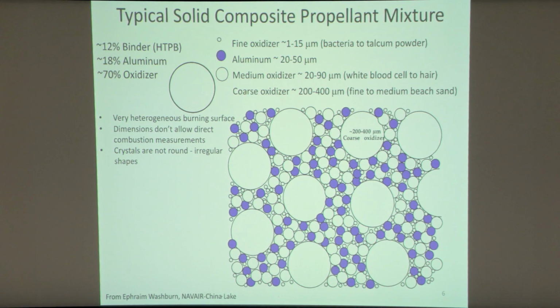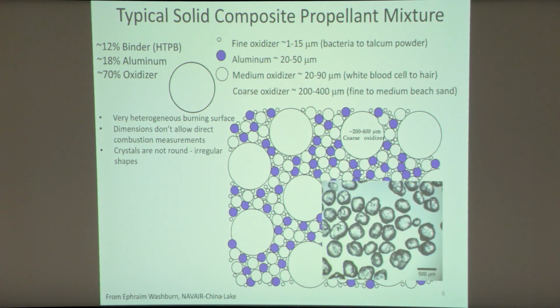So I think I showed this figure before, so I'll just go through it real quickly. This is a typical composite propellant mixture having 88% solids loading, 12% binder, indicating the different coarse sizes or fine size and medium size ranges of the oxidizer, and the typical initial size of the aluminum.